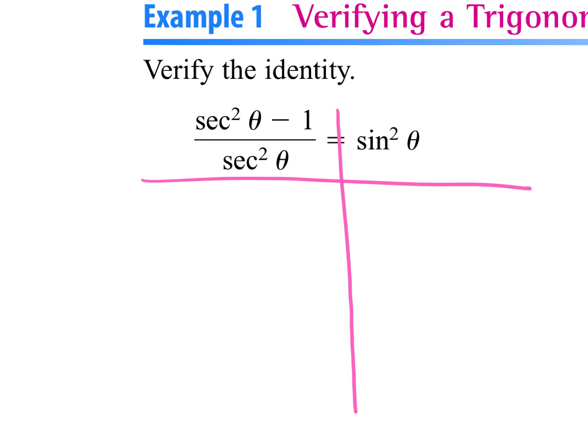You can't add something from one side to the other. We're just simplifying one side at a time. We always want to start with the more complicated looking side to see if we can simplify that to the other one, because it's going to be easier to simplify than it is to expand something. So which side would we start with here? The left side. It's a little bit more complicated than the right.